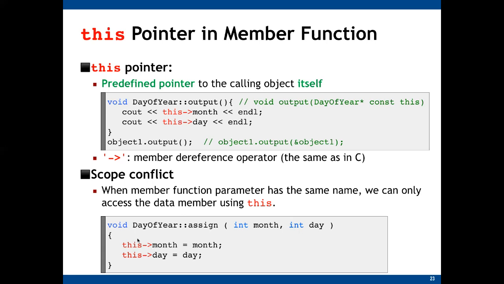But if you use the this pointer here, C++ automatically thinks this month is a member variable, not the parameter. So if you put the this pointer, you reference the member variables, and this one, month and day, is a parameter of these functions. So when a member function parameter has the same name, we can only access the data member using the this pointer.